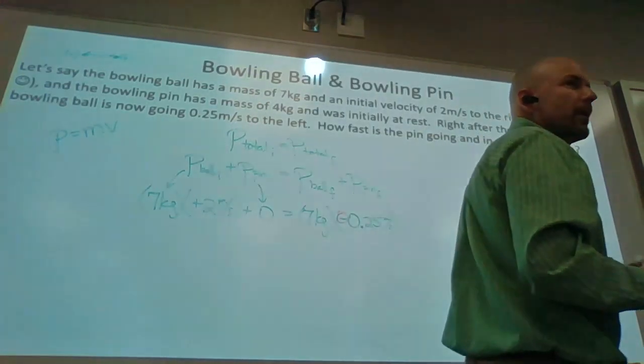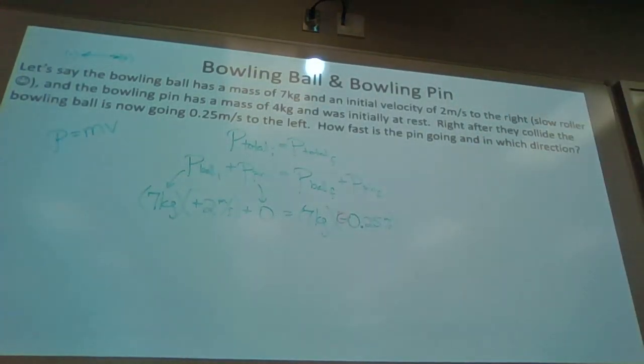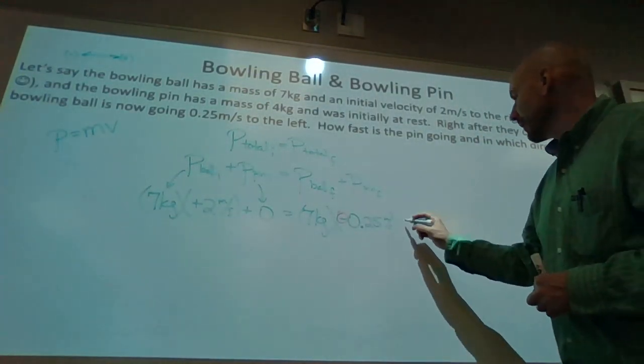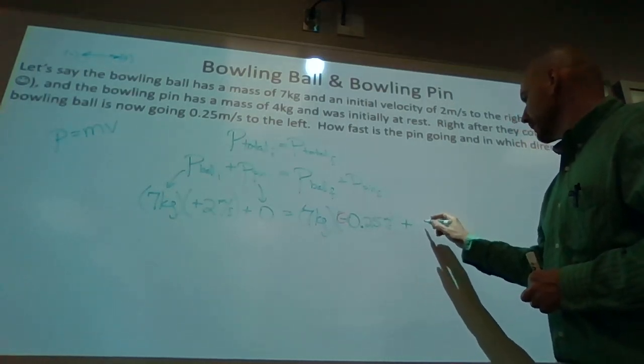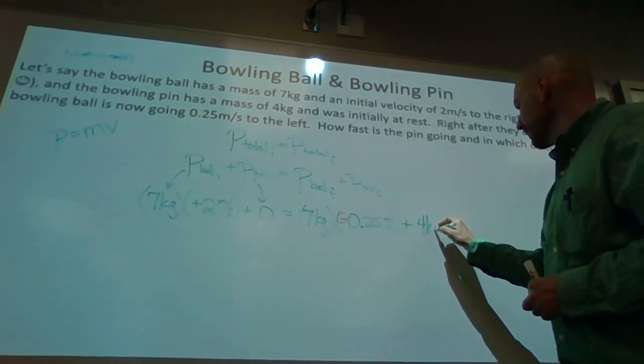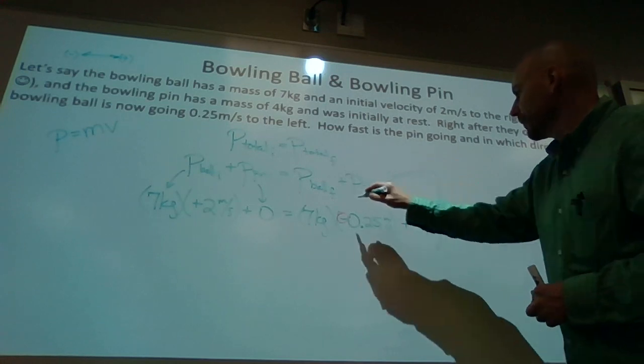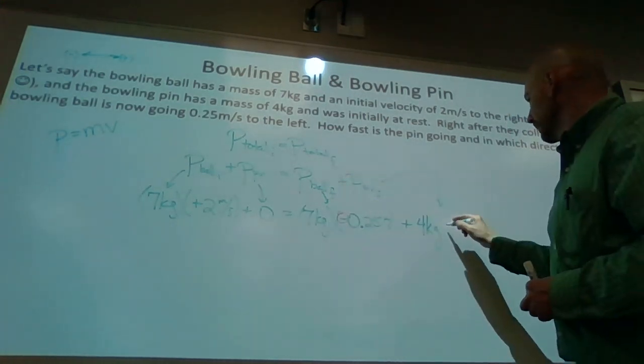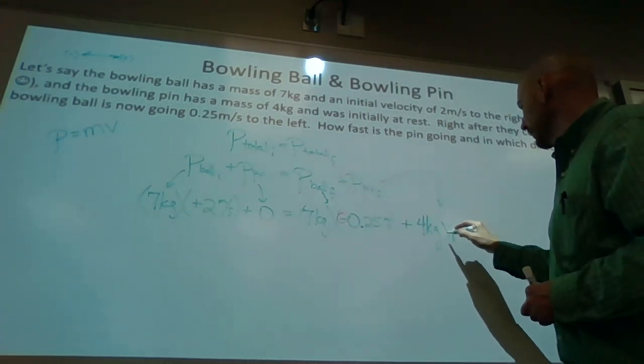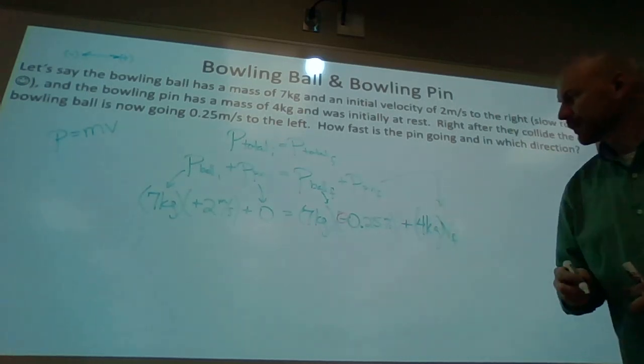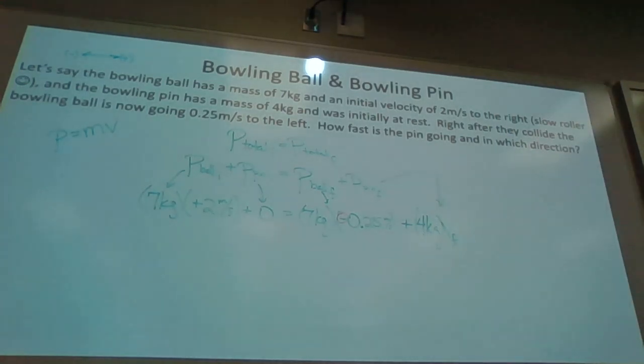Minus 3 points on a multiple choice if you forget that one. Plus 4 kilograms for the pin times its final velocity, which we don't know. Good with that? That's the setup.